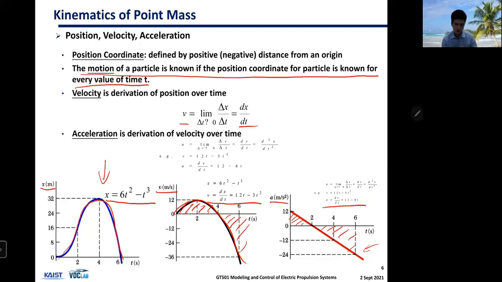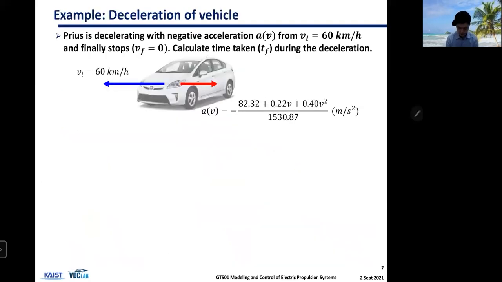This is kinematics, and there is no force involved. Usually force is involved with acceleration. Anyway, that's an example of kinematic relationships, and this next one shows an example problem.